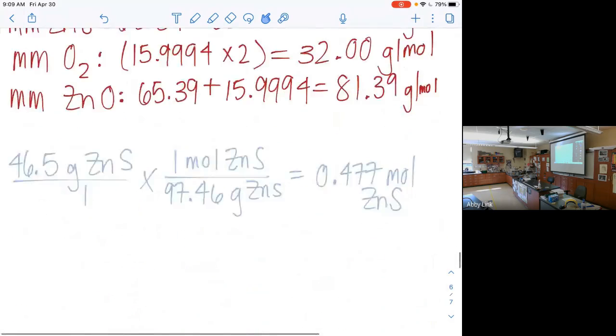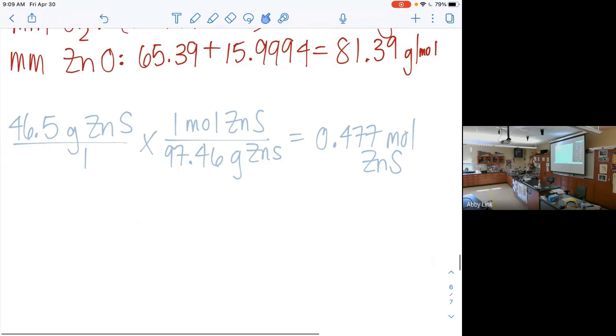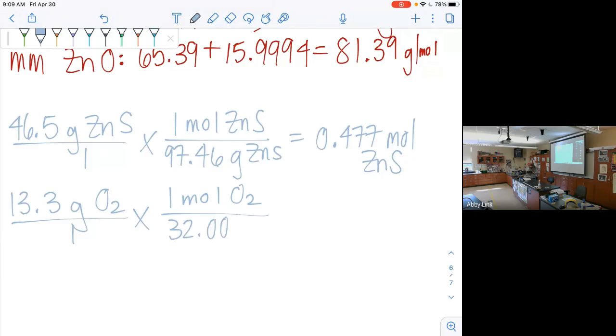All right, and then we'll go ahead and calculate our moles of O2. So we're starting with 13.3 grams of it. 1 mole of O2, 32.00 grams of it.